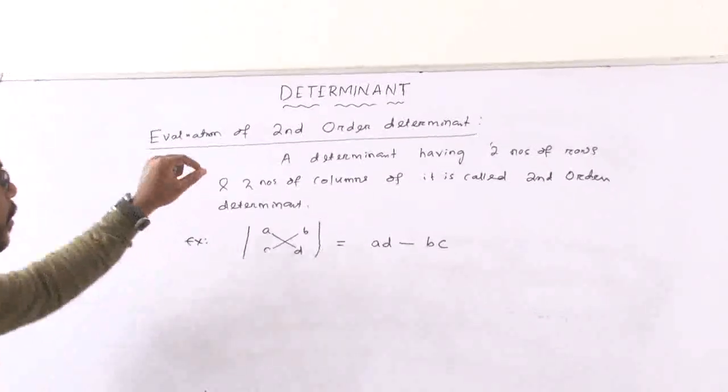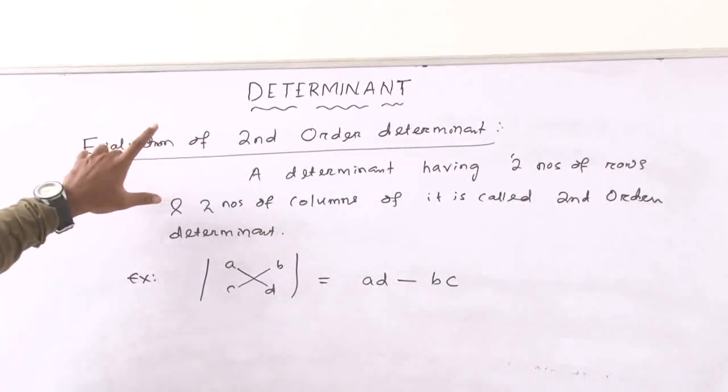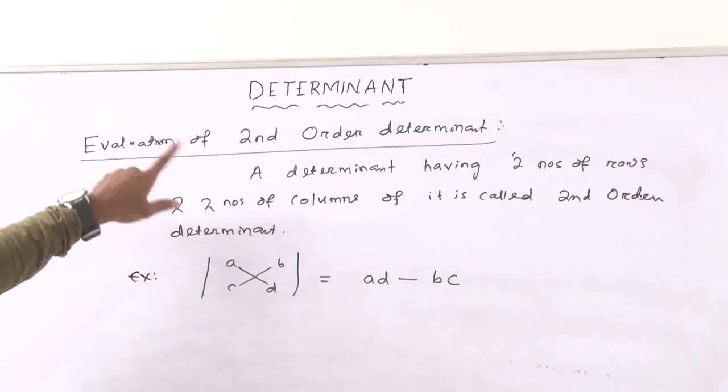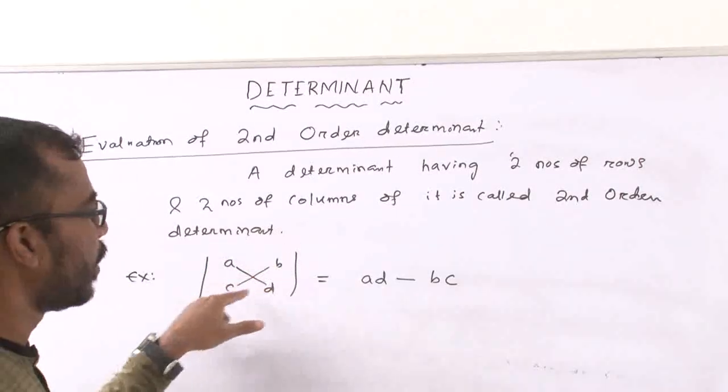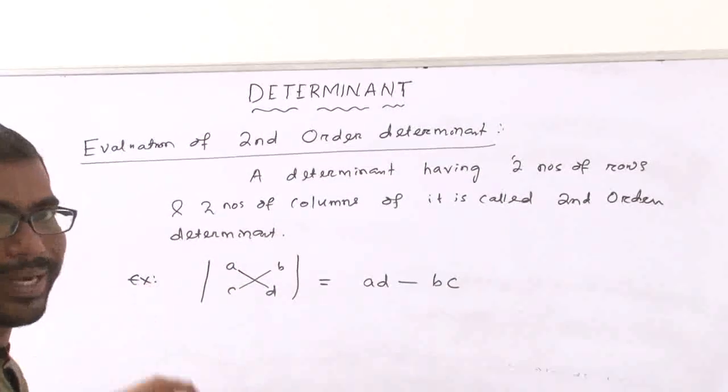As you know, this is in your class 10 course. So in a second order determinant, we calculate ad minus bc by cross multiplication.